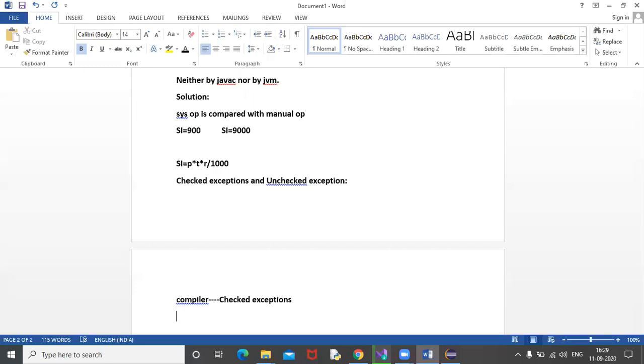And not detected by the compiler means who is going to detect them? JVM. JVM is going to detect them, the compiler cannot detect. Sorry, just a minute.